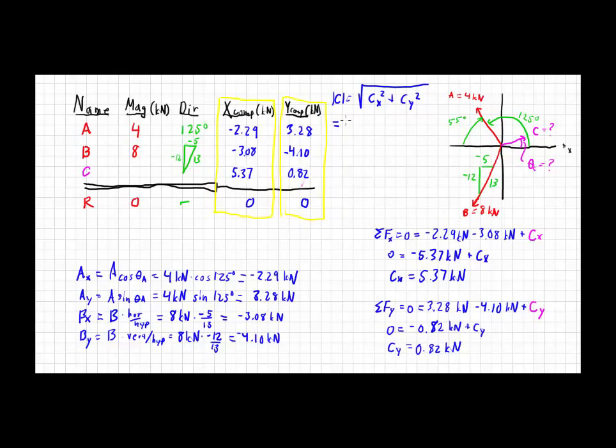That comes out to 6.76 kilonewtons. Theta C is equal to the inverse tangent of Cy over Cx. Don't have to worry about adding 180 degrees here because Cx is positive, and theta C is 37.4 degrees. I'm going to fill in the table to finish it off.